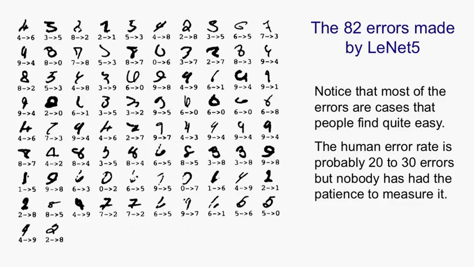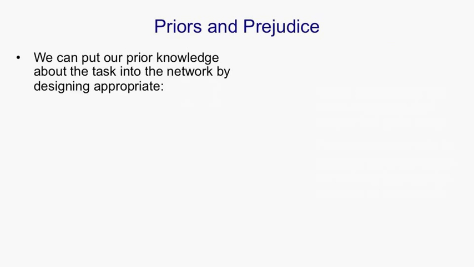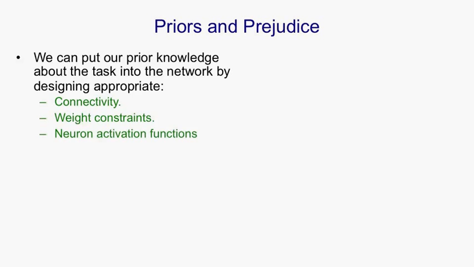I now want to go to a very general point about how to inject prior knowledge in machine learning, and it applies particularly to neural networks. We can put in prior knowledge, as is done in Net 5, by the design of the network. We can have local connectivity, we can have weight constraints, or we can choose neural activities that are particularly appropriate for the task we're doing.